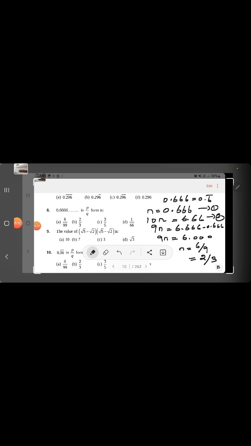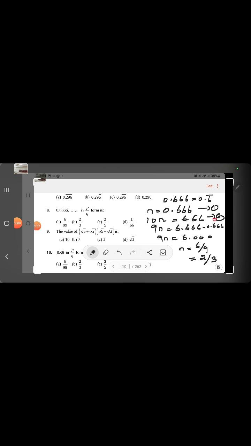Okay, so let me explain it again. 0.666 is nothing but 0.6 bar, where 6 is repeating. So let us consider the given decimal value as n, make it equation 1, and multiply both sides by 10. So we get 10n equal to, when you multiply this decimal form by 10, the decimal point moves to the right, so 6.666.